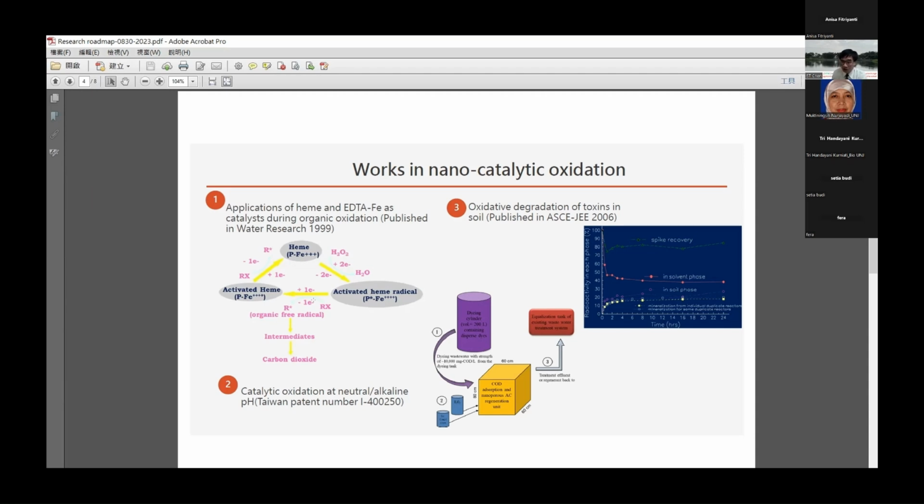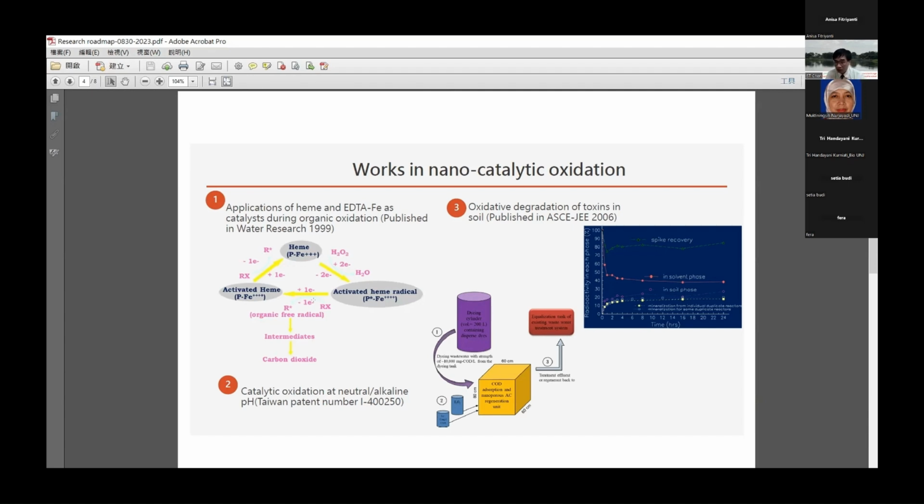But most Fenton-like reactions have to operate at a very low pH. Using heme and another material, we discovered EDTA iron. Actually, we can provoke the Fenton-like reaction at a neutral pH, and even better at alkaline pH.